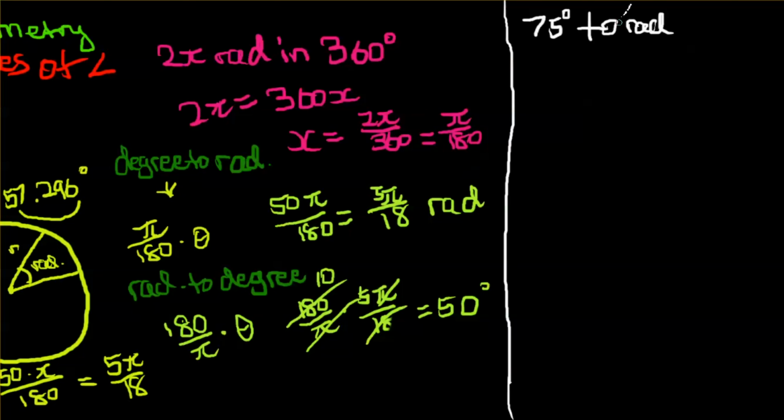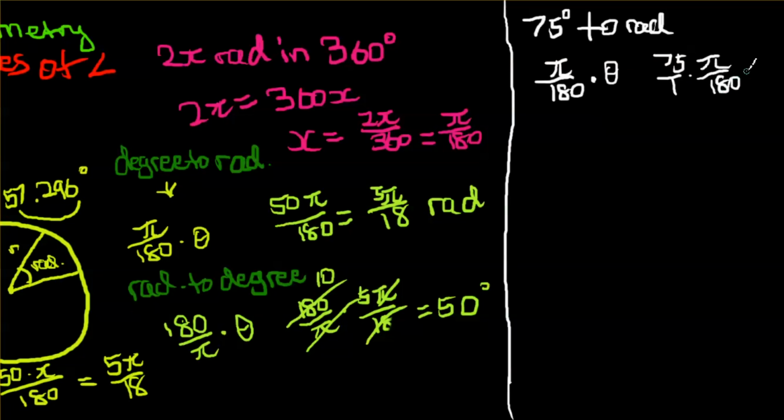Alright, now I am going to show you how to solve this step by step. Let's remember our equation: pi over 180 multiplied by theta, which is our angle, and that is 75 degrees. So we have 75 over 1 multiplied by pi over 180.